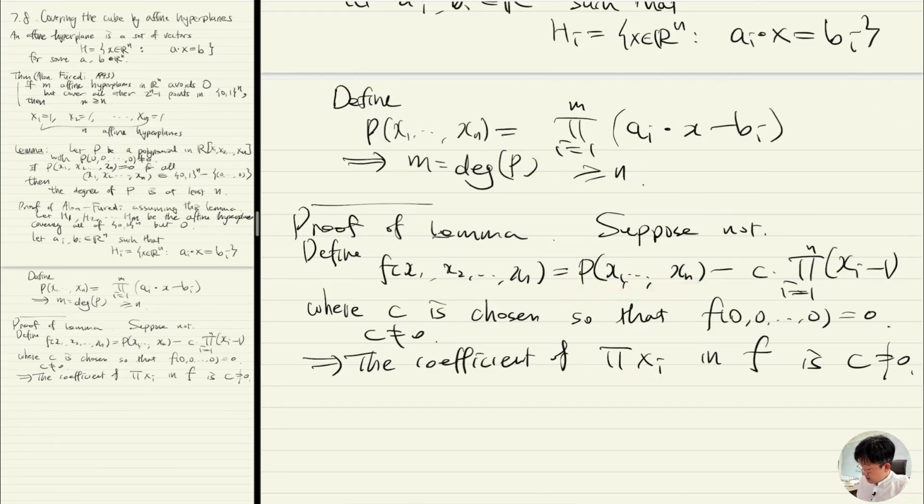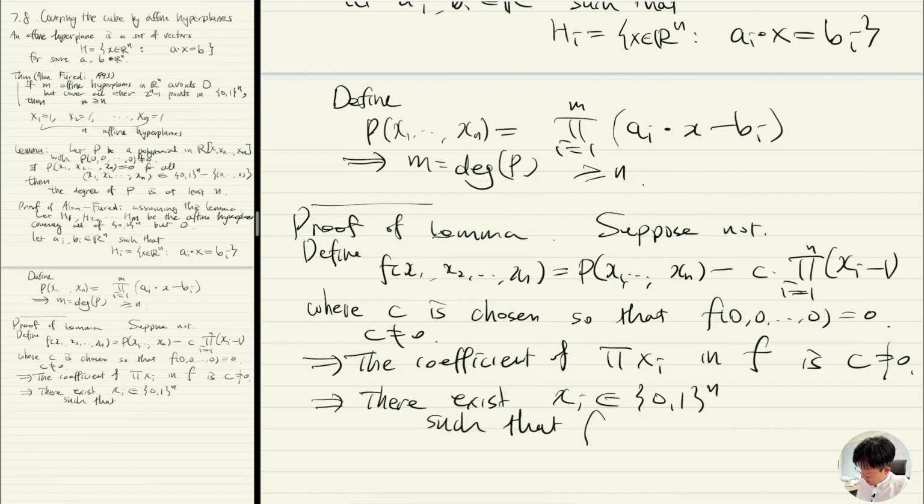So the coefficient is non-zero, so therefore there exists (x1, ..., xn) in {0,1}^n such that f(x1, ..., xn) is non-zero.